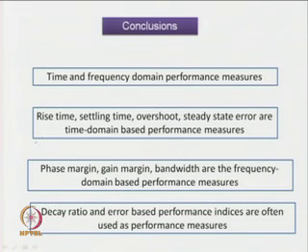Certain time response performance measures are known as rise time, settling time, overshoot, steady state error, decay ratio, and so on. Also, we have frequency domain performance measures known as phase margin, gain margin, bandwidth, to name a few. Often decay ratio and error based performance indices are also used as major performance measures to ascertain the efficacy of controllers in a closed loop control system.